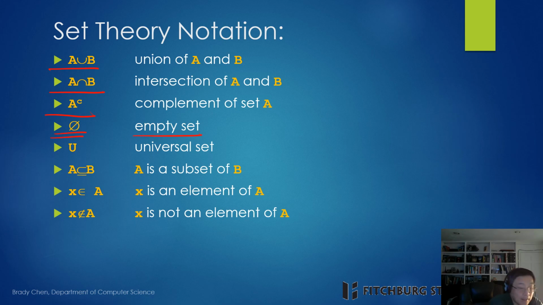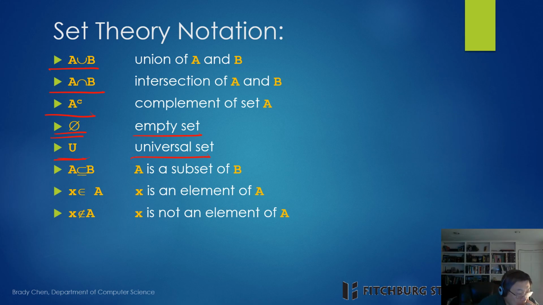The empty set is a set that contains nothing, so no element is contained in the empty set. The universal set is the set that contains all the elements we are considering.